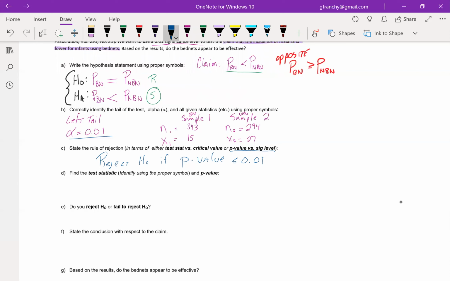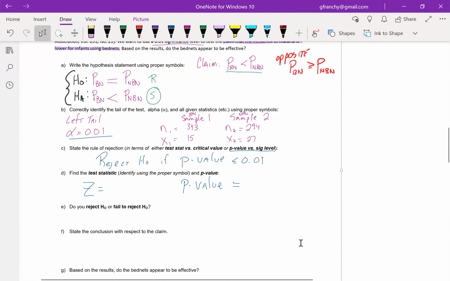Because for proportions, we use the normal approximation, our test statistic is going to be z. If you didn't know that ahead of time, that's fine. StatDisk would tell you. And then I'm intentionally lining up my p-value underneath my rule of rejection. That way I can line up by place values so I don't do anything goofy when it comes time to make those comparisons. So now I'm going to head on over to StatDisk.